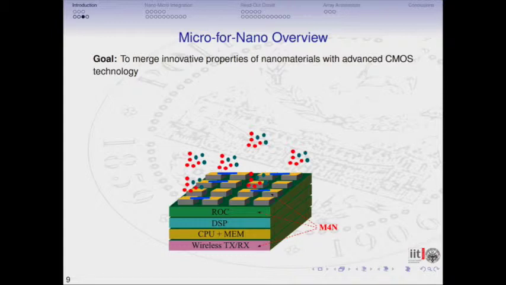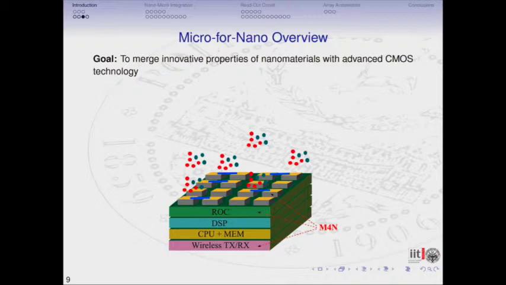The goal of the Micro-4-Nano approach is to reduce the coupling noise to the maximum, integrating the nanosensor as close as possible to the readout circuit. One solution is to integrate the nanomaterials directly on top of the silicon chip.